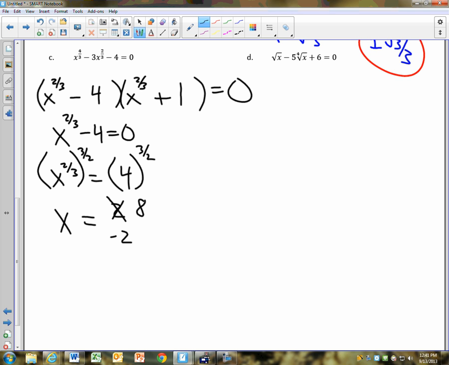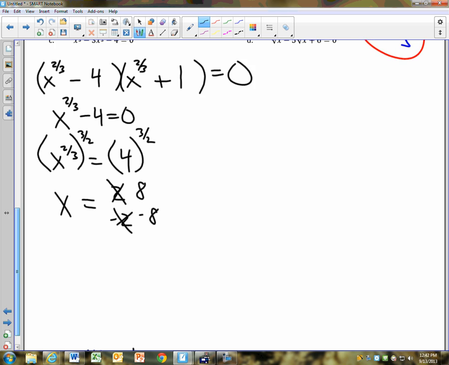Take -2 to the 3rd and you get -8. Now, I'm not going to test you on that, okay? That's for a later discussion, a later chapter. If you could get the 8, good. I'll leave it alone. But technically, in this problem, both 8 and -8 work. So when you would take a square root before, you would have to list the positive and the negative. You're kind of doing the same thing there, so you got to be careful. Okay.